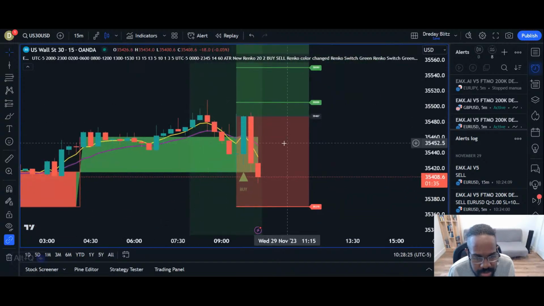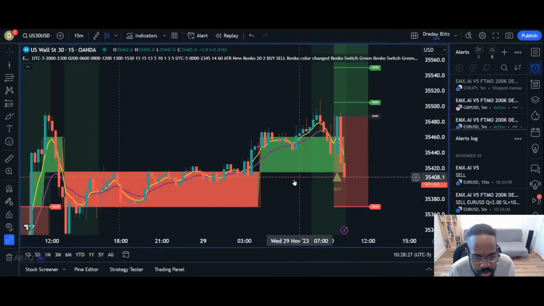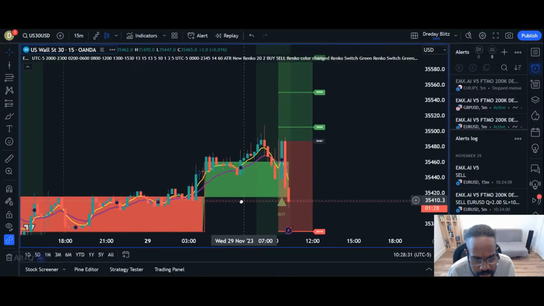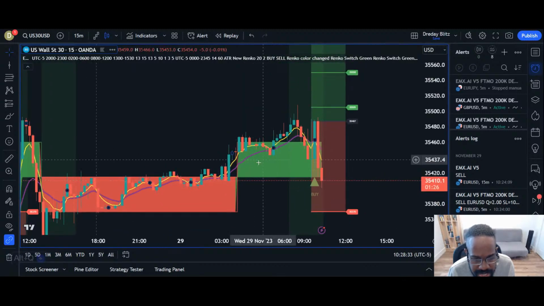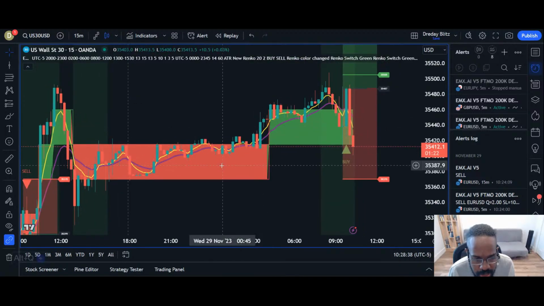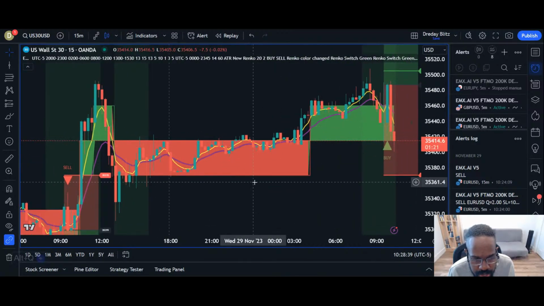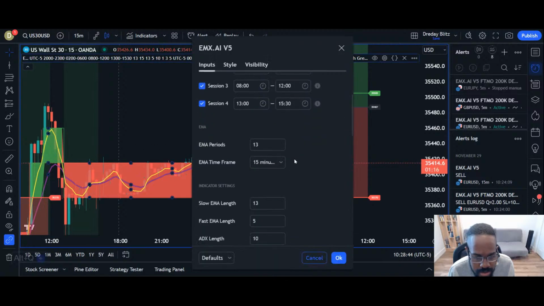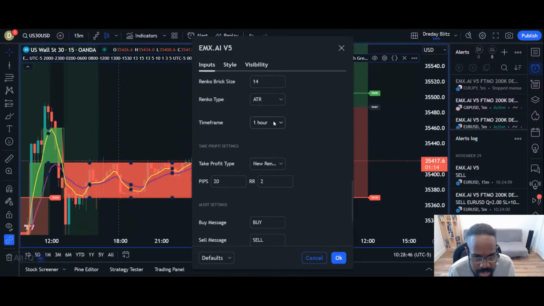If you're trading indices, it's better to trade intraday setups and settings. So for the intraday settings here, I would tell you guys to make the adjustments on your Renkos to put it on the lower time Renko. Once again, you go in this section. Right now it's at a 1 hour.